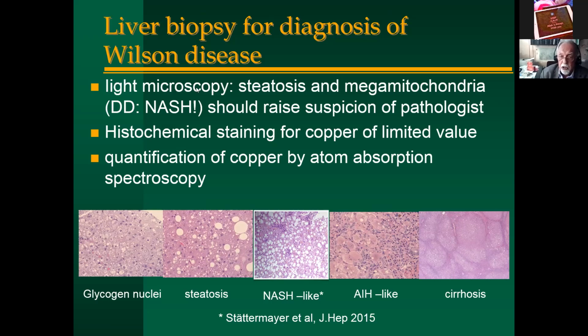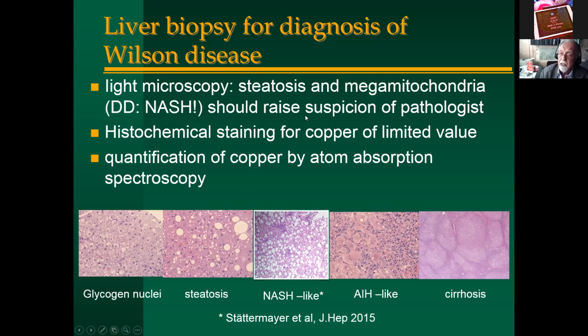Light microscopy shows you steatosis. It's a typical feature of early Wilson's disease, and mitochondrial changes, if you have the luxury to have an EM picture of a liver biopsy. And if it is present, you say, well, there may be NASH, which looks exactly like NASH. You see it here.